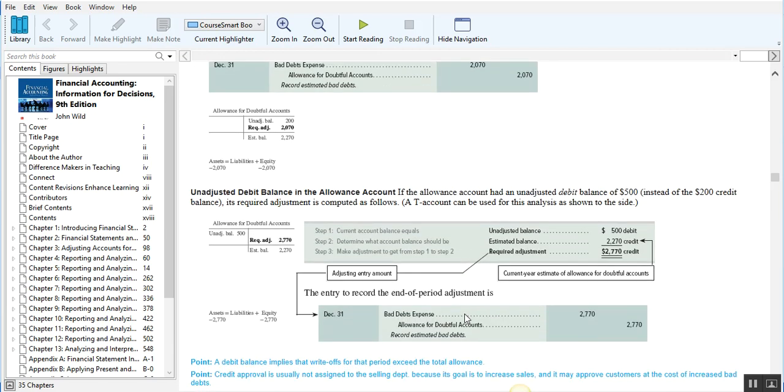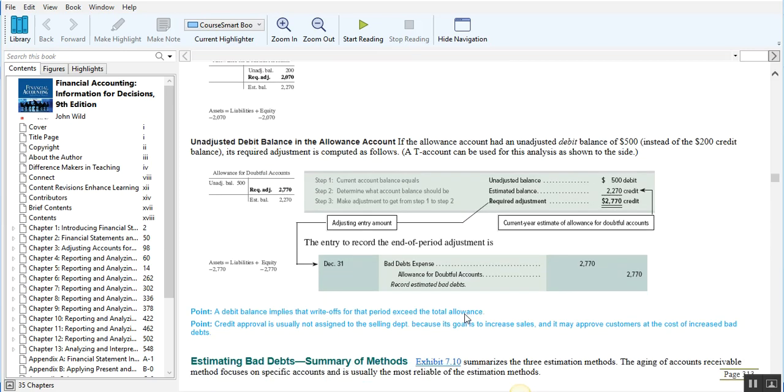Now, what happens if the allowance account is actually a debit balance? What that means is we've written off more than we anticipated. And so we've crossed over from having a credit balance to a debit balance in the allowance account.